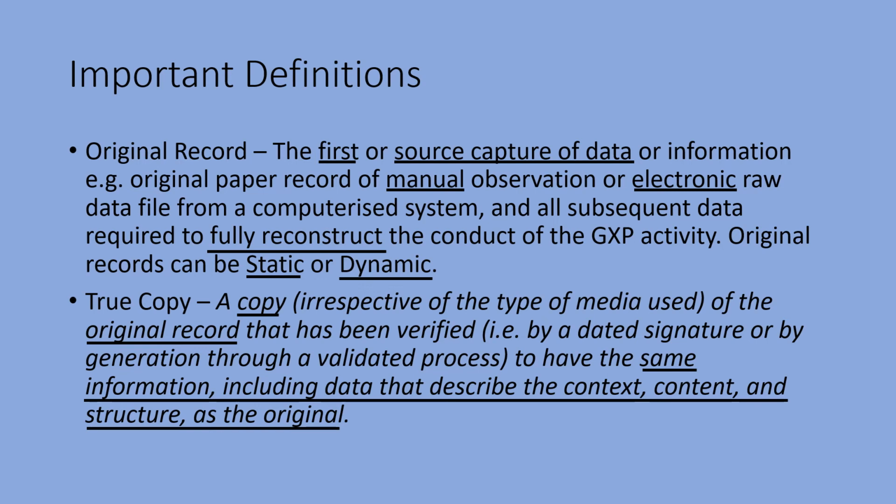A true copy may be a photocopy of the original or a handwritten document with exactly the same information. It is good practice to mark such copies as true copy, either at the top of the document or at the bottom of the document.